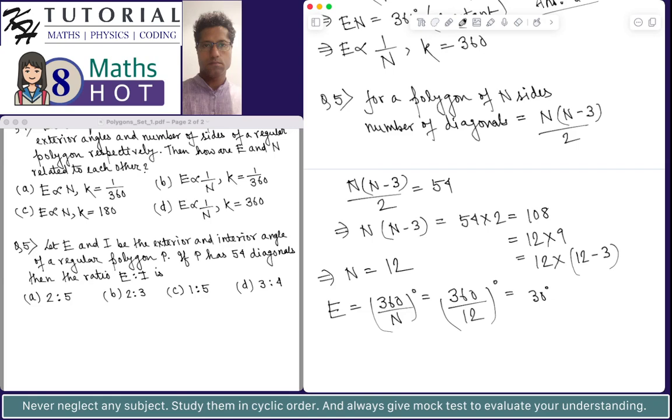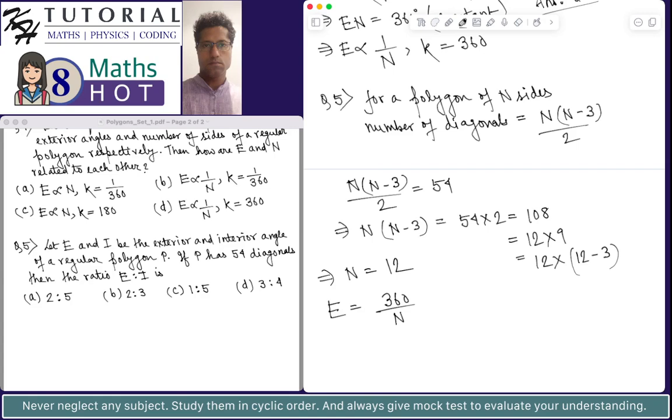Instead of finding the values of E and I, we can also do it this way. I think there is a better way of doing it. We know that each exterior angle of a regular polygon is 360 by n. I am ignoring the degree symbol, I hope you will understand.